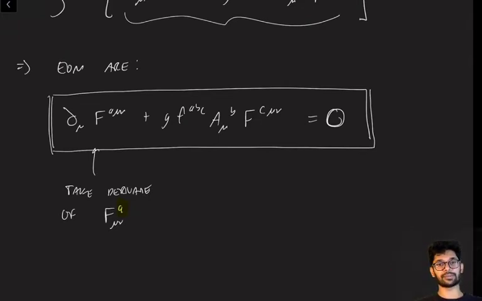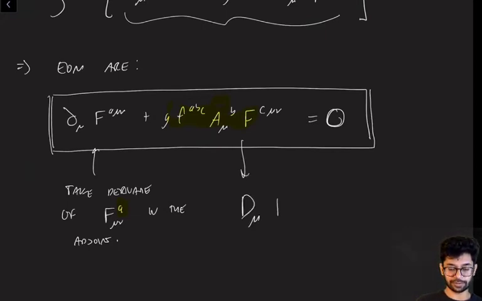That's the definition of something transforming in the adjoint. And you can't quite take the derivative of something that transforms in the adjoint under gauge transformations. You have to take the gauge covariant derivative of it instead. And in fact, that's exactly what this term does. This term makes it so that you are computing the gauge covariant derivative of F^a_μν.